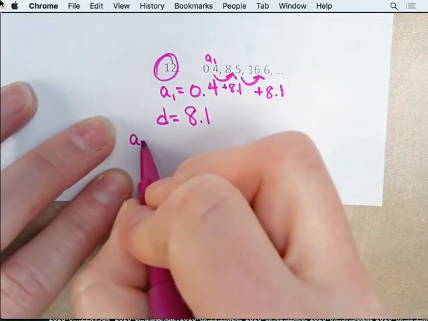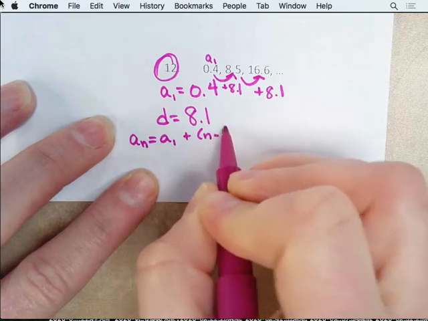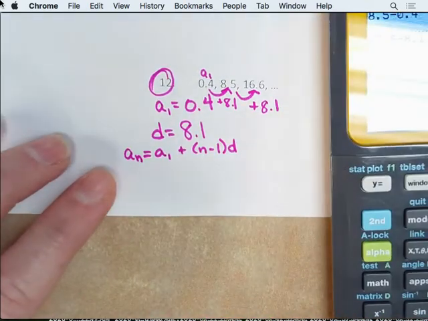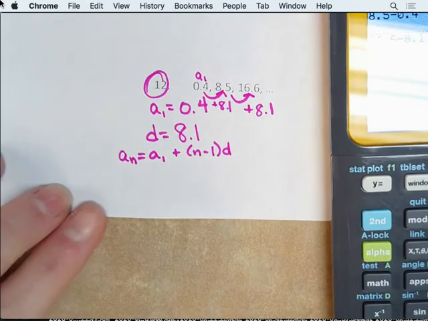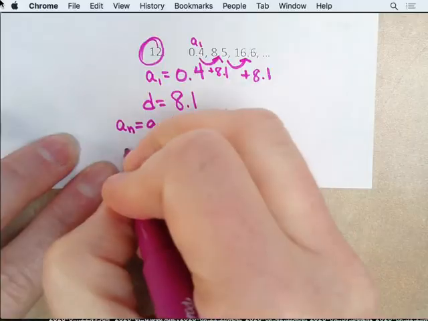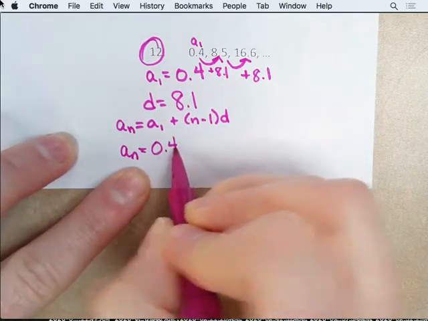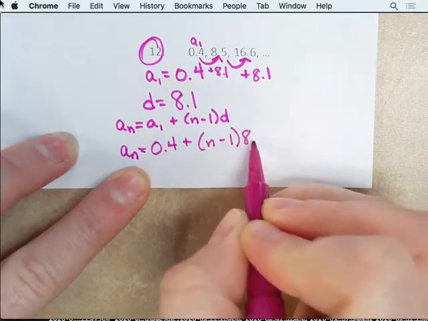Remember, AN equals A1 plus N minus 1 times D. So we'll plug in the A1 and the D. So AN equals A1, 0.4, plus N minus 1 times 8.1.